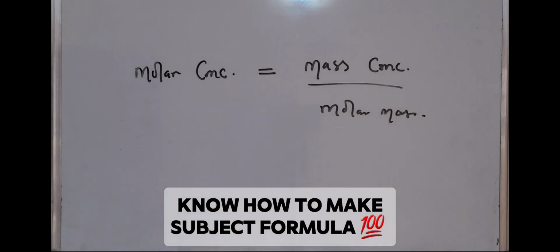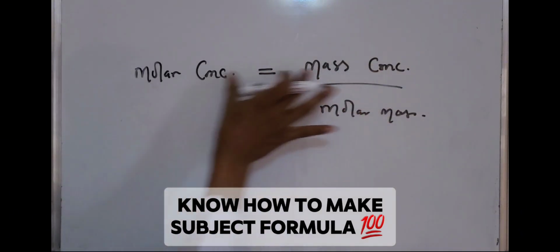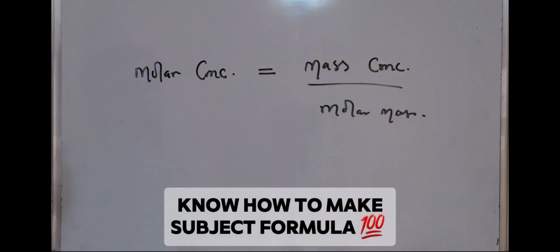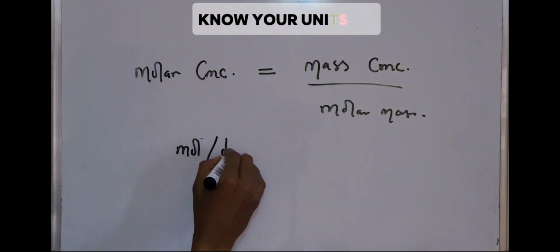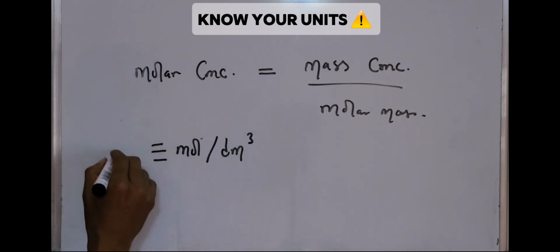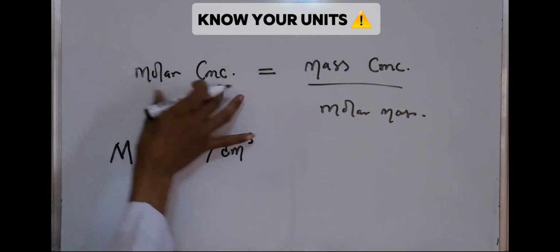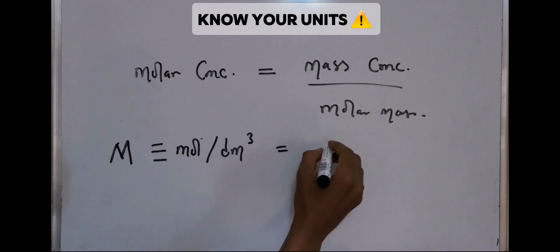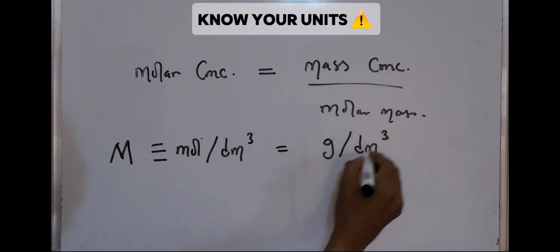This is what you're expected to know. And these quantities or variables have their units. Molar concentration, the unit is in mole per dm cube, which I said is equivalent to capital letter M, which is molar concentration. So wherever you see this, it has to do with molar concentration. And mass concentration is in gram per dm cube.